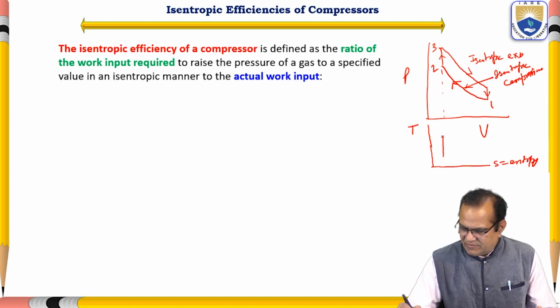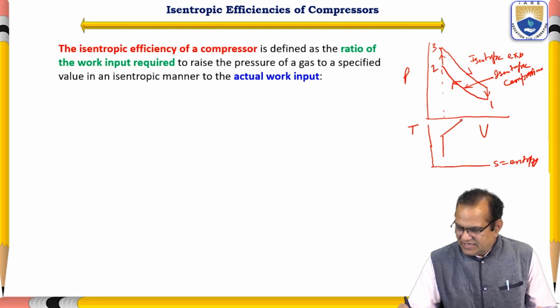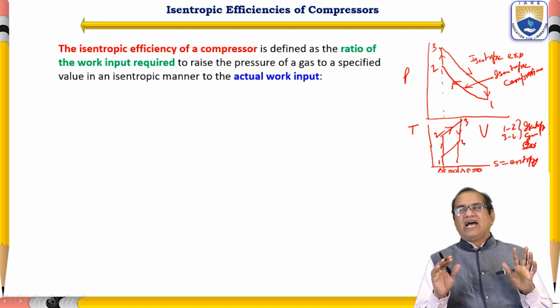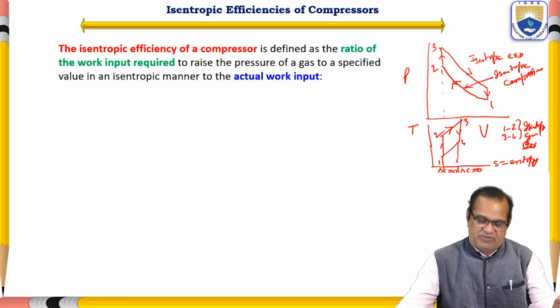Then 3 to 4 is an isentropic expansion, and 4 to 1. So here 1 to 2 and 3 to 4 are the isentropic compression and expansion. In this you will see delta S is 0. So this is called isentropic, means there is no change in entropy.